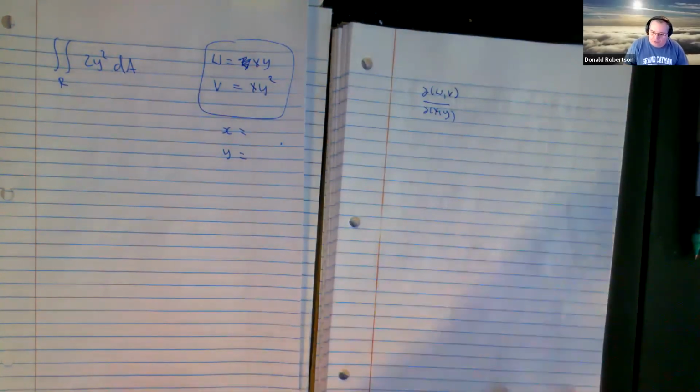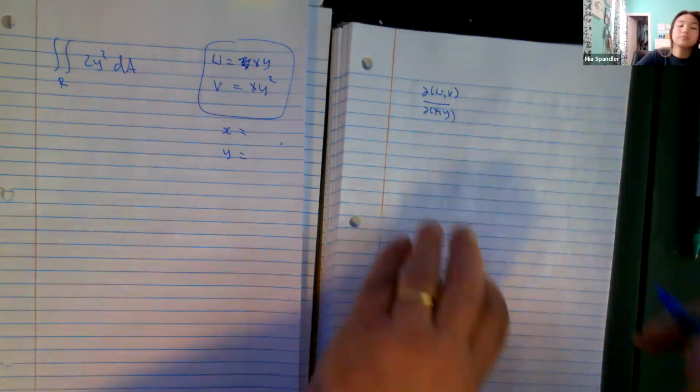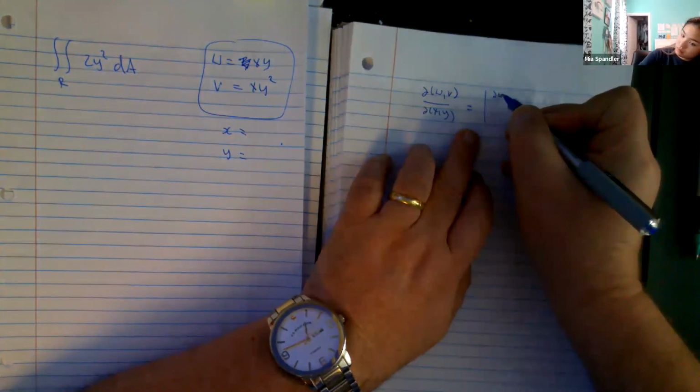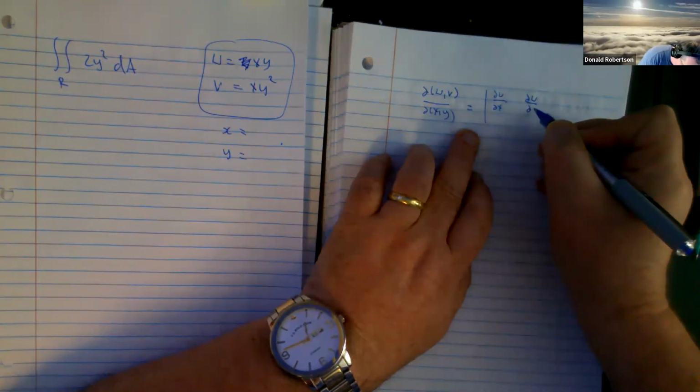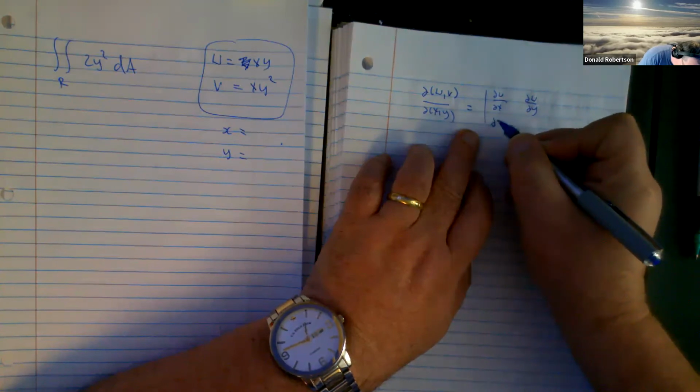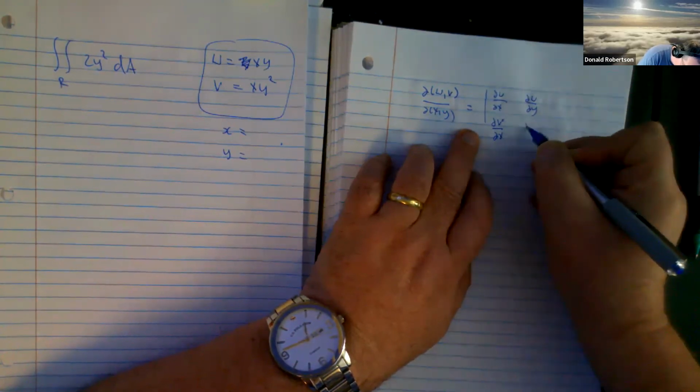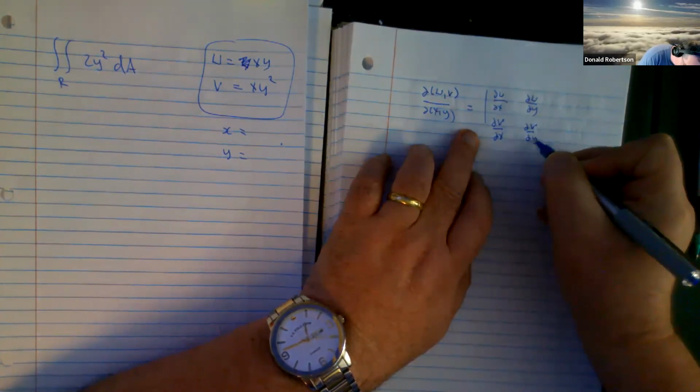Although you may have to do some substitution, because when you're finished you want the answer to only have u's and v's in it. So we take u with respect to x, u with respect to y, then v with respect to x, and v with respect to y.